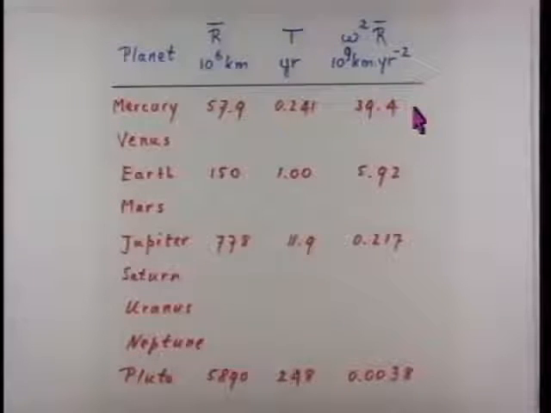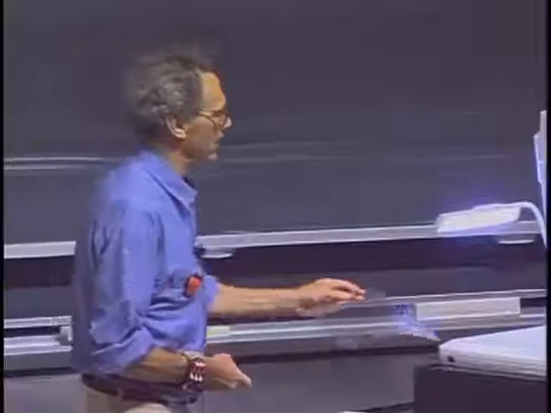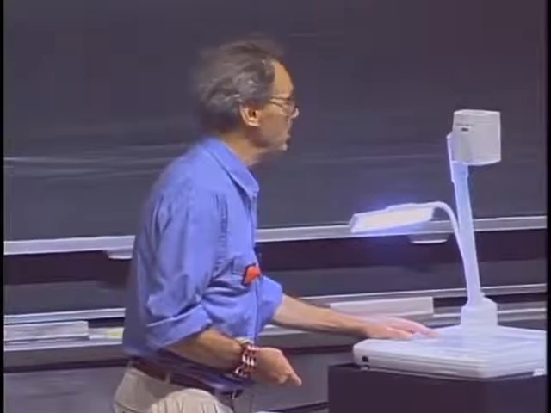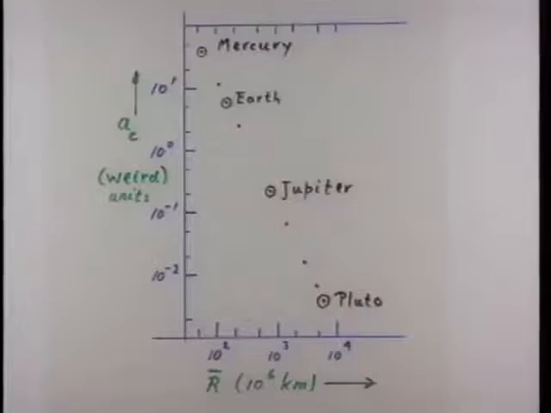So what I did was, I plotted this data, the centripetal acceleration versus the mean distance to the sun, and I did that on log paper. And what is very striking is that all these points, I've done them for all the planets, fall on a straight line.